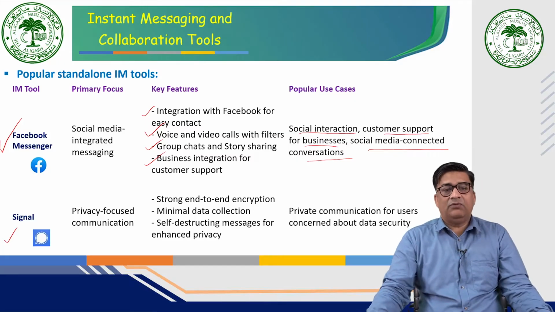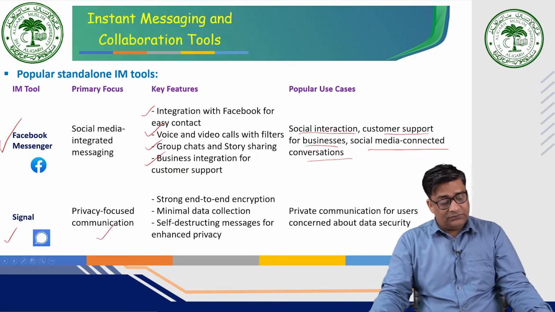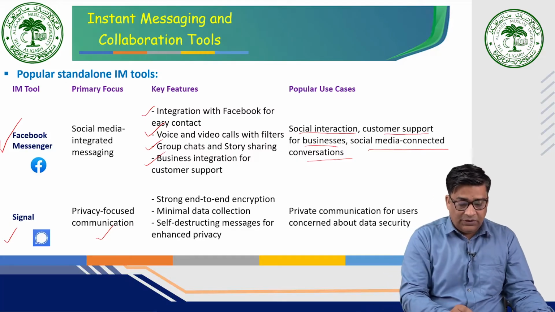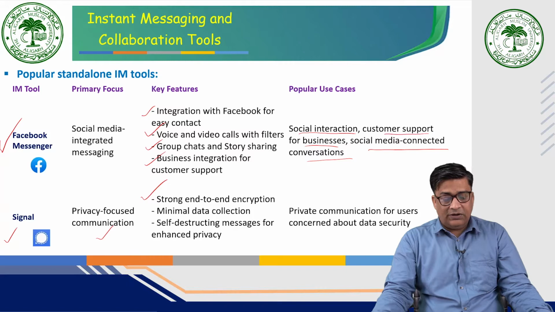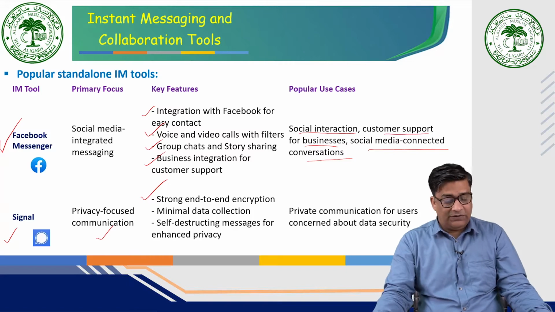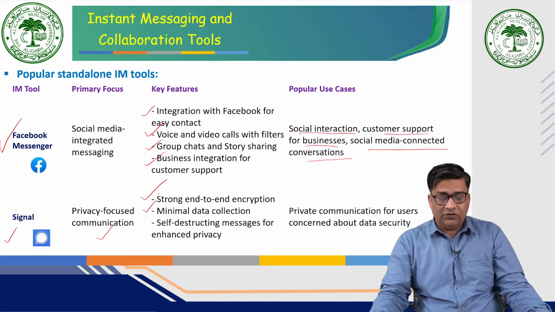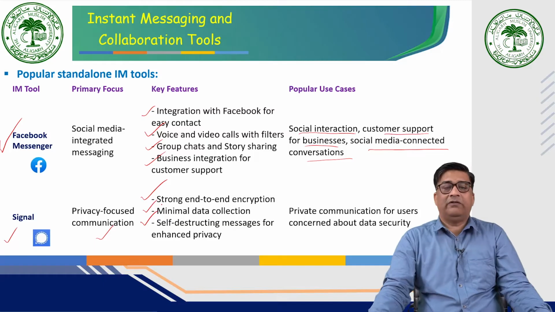Signal is again a very powerful tool that is being used by many of us. The primary focus for this tool is privacy. Very strong end-to-end encryption features are available in this tool, and it does not collect a lot of data. It offers minimal data collection and self-destructing messages for enhanced privacy.